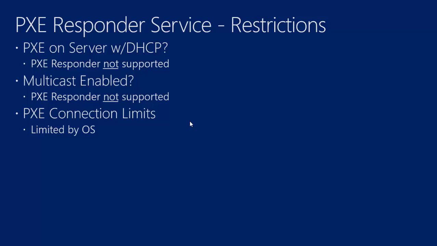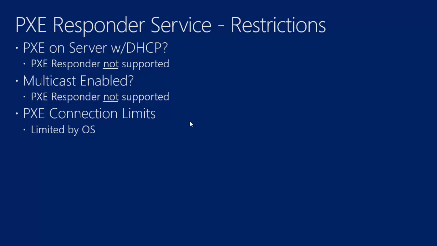And then in terms of restrictions, there is a connection limitation. Those connection limitations are not imposed by the PXE Responder Service. They're imposed by the operating systems on which the PXE Responder Service is running. So for example, workstations, depending on the OS, will have either a 10 or a 20 simultaneous connection limit.